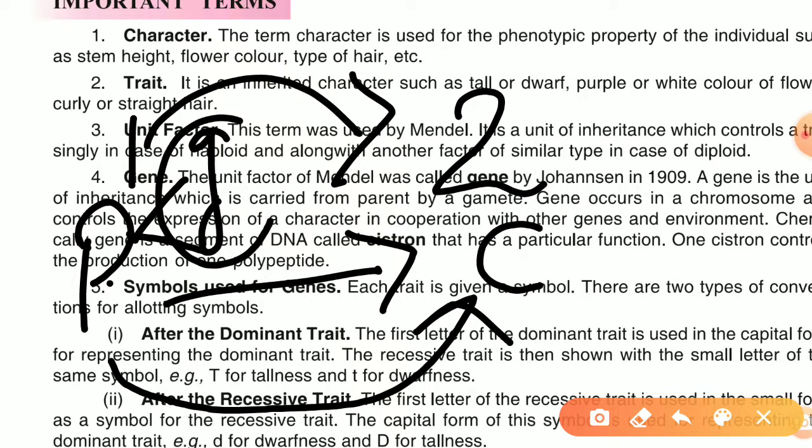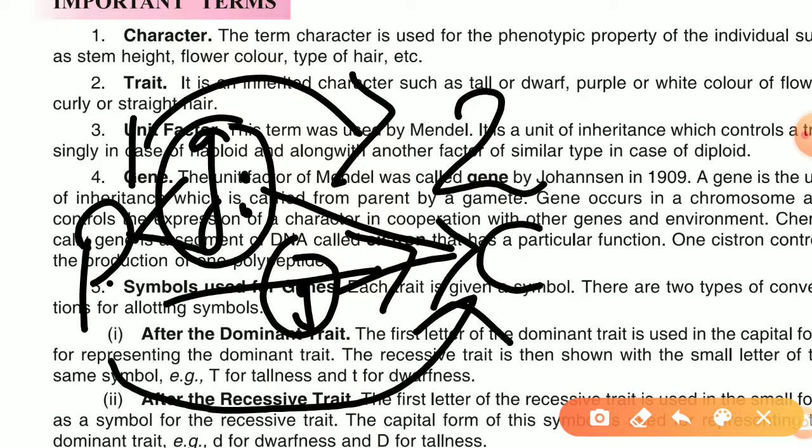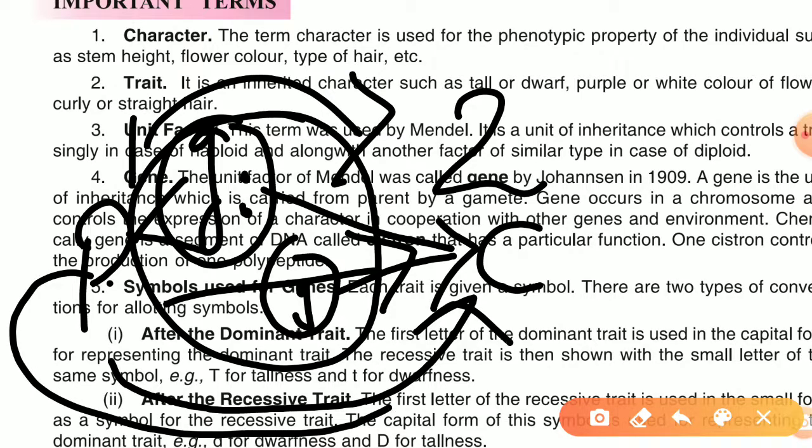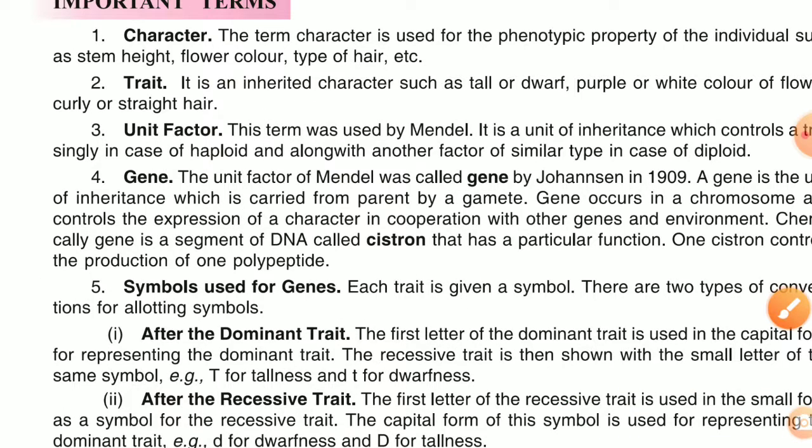And within the gametes, there are genes present. And when these gametes fuse together, they form a new child. So we can say that genes are the unit of inheritance. They are carrying characters from parents to the next generation.